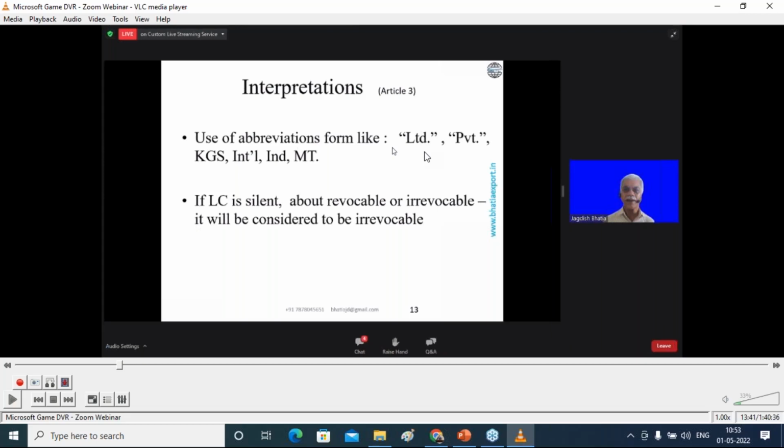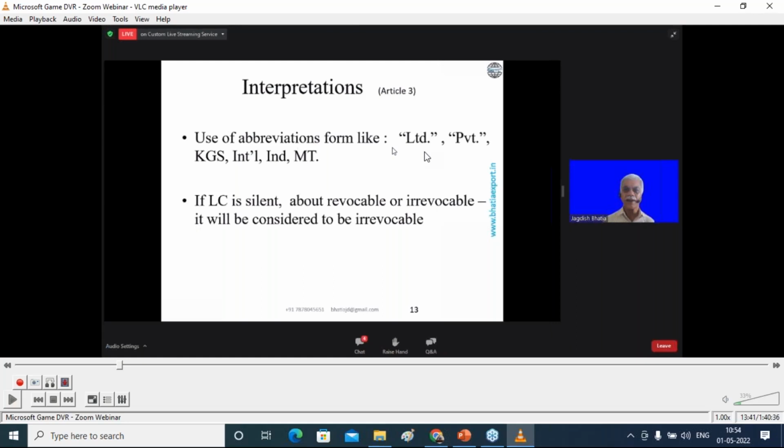Suppose the seller has prepared everything, export is ready or already made, but meantime the buyer changes some terms and conditions, some prices or quantity, or makes other changes. Then it is very difficult, the LC is not secured, and the seller is at risk. Therefore, in the UCP interpretation, unless the LC says otherwise, it is treated as irrevocable only. By default, it is irrevocable.